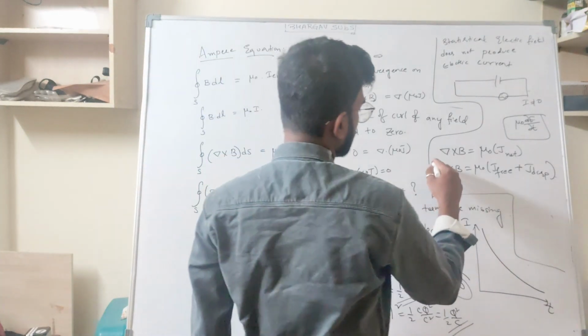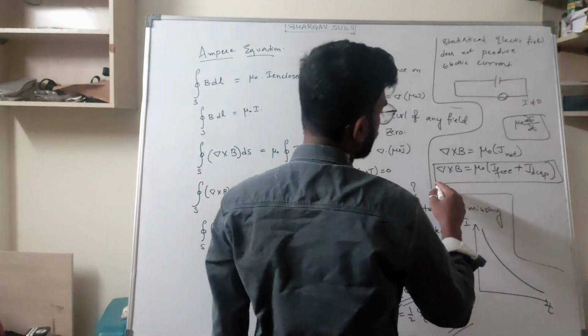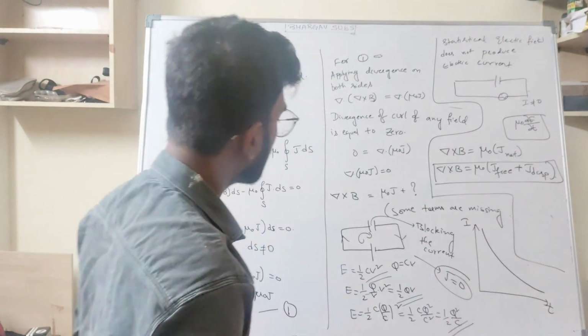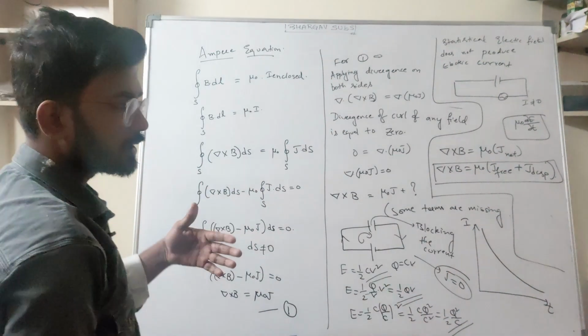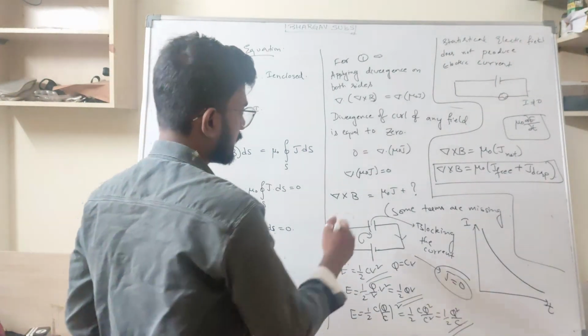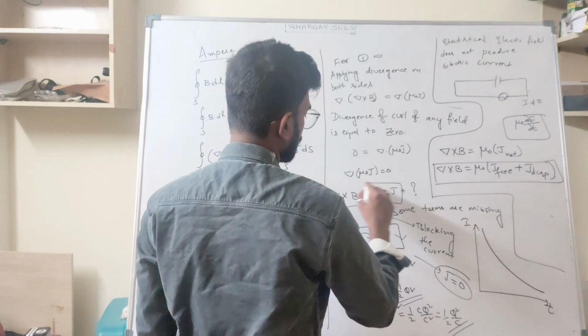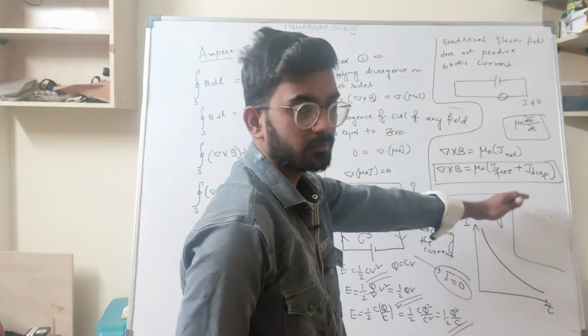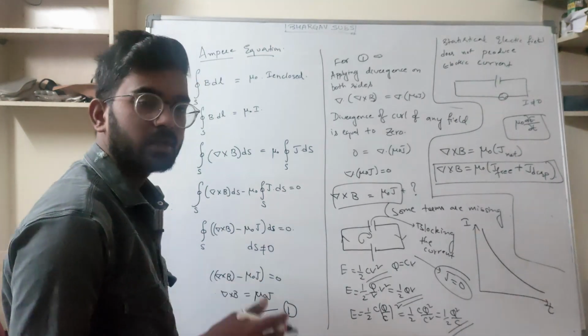So this was the final equation after Maxwell came and corrected it. Actually Ampere gave the equation only up to here, but after Maxwell came, he corrected it, as there was some current with which the electric field was created.